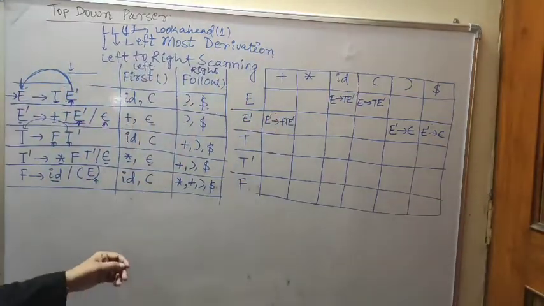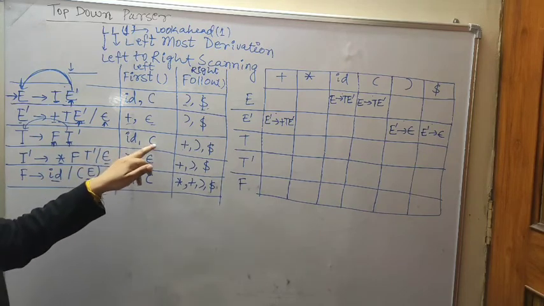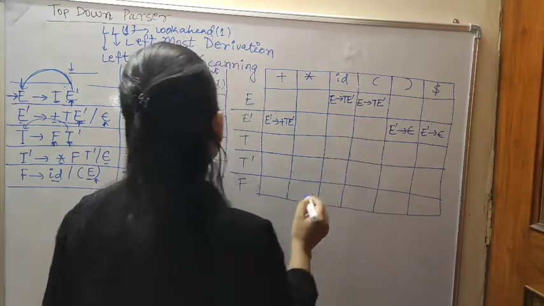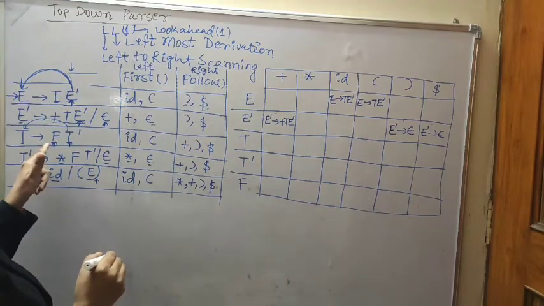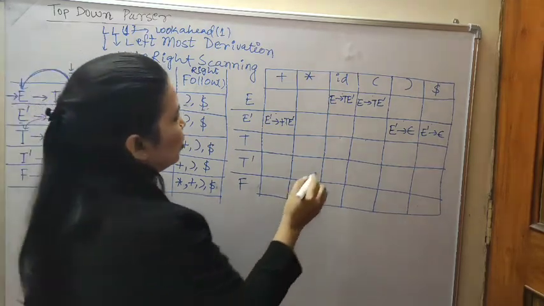Now in the T places, what is given? ID and open braces. Only one production rule here: T to F T dash.